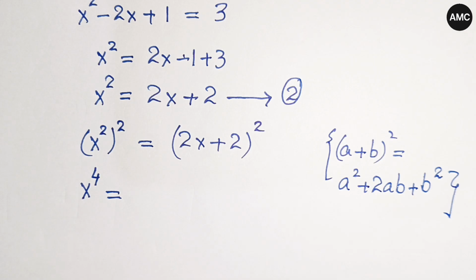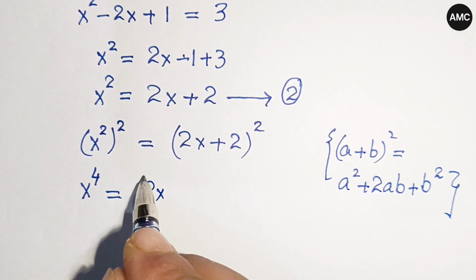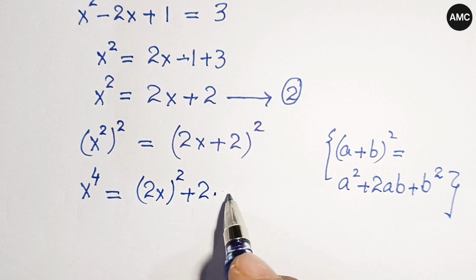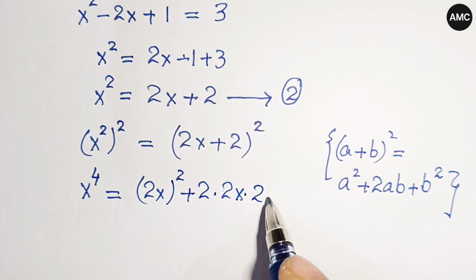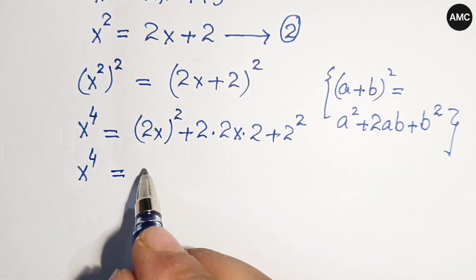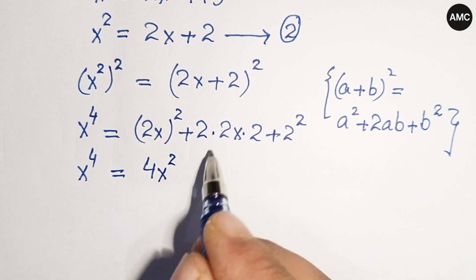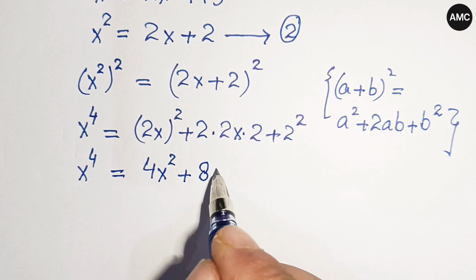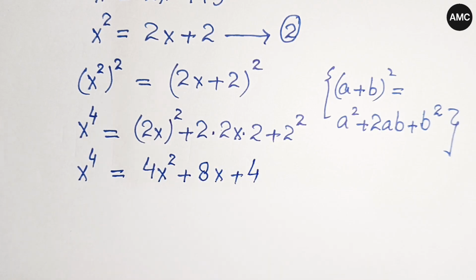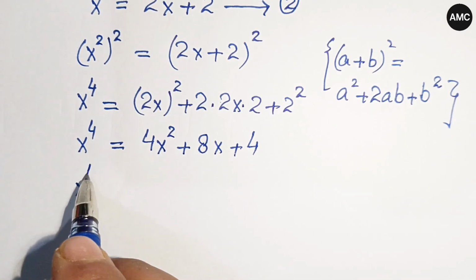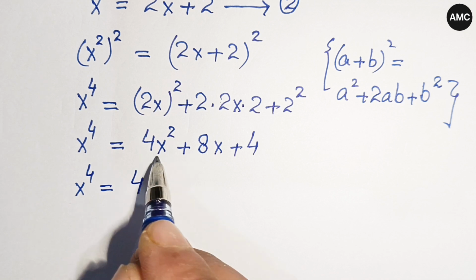So applying this formula here, we have (2x) whole squared plus 2 times 2x times 2 plus 2 squared, so x to the power 4 is equal to 4x squared plus 8x plus 4.